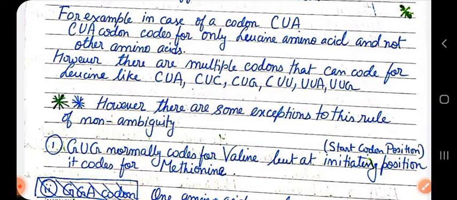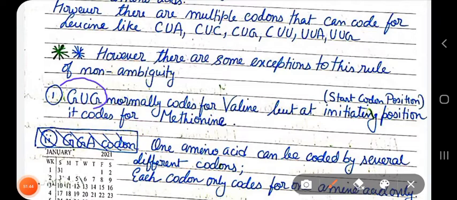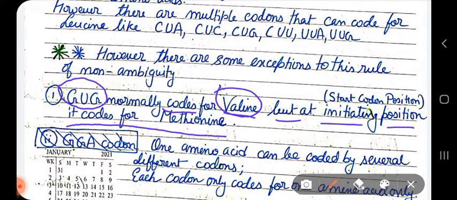The GUG codon normally codes for the amino acid valine, but at the initiating position it codes for methionine. So due to the change in the position of the codon, it can code for a different amino acid, as we can see in the GUG codon.